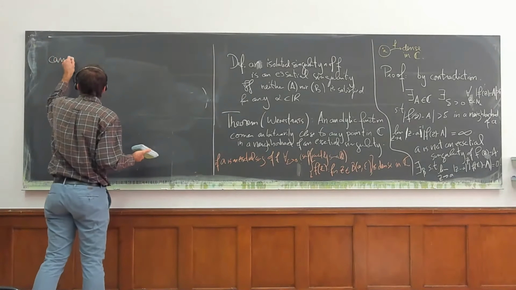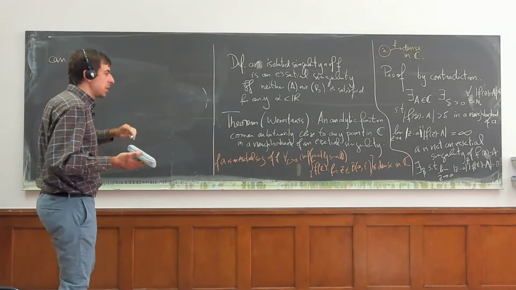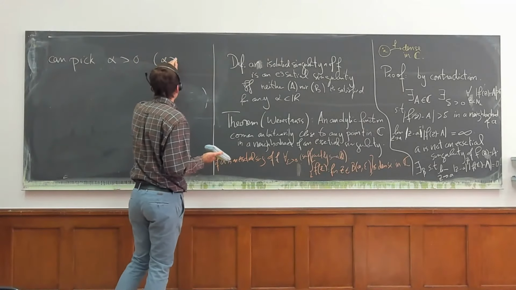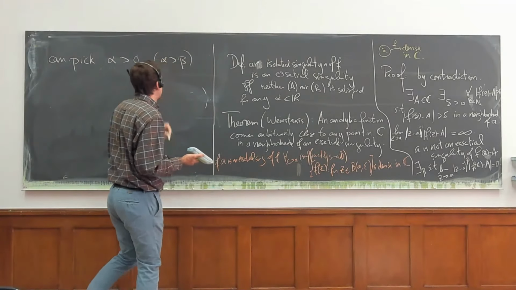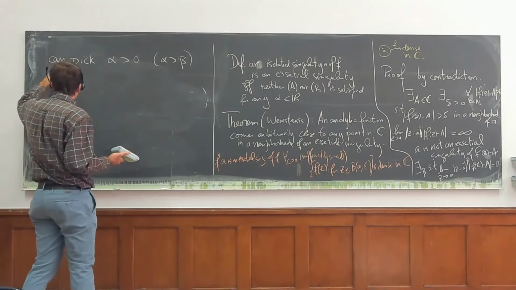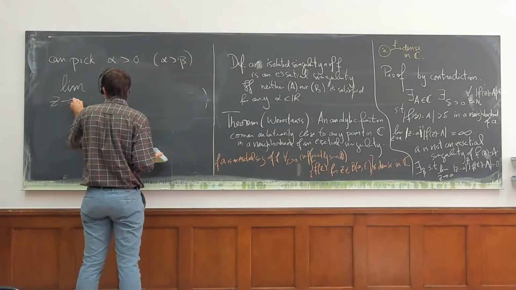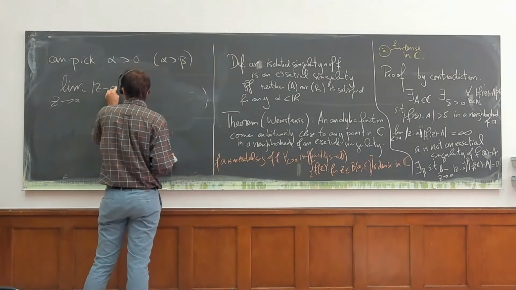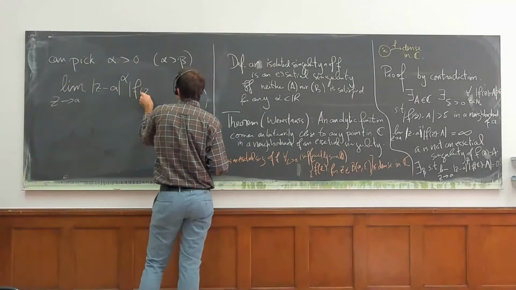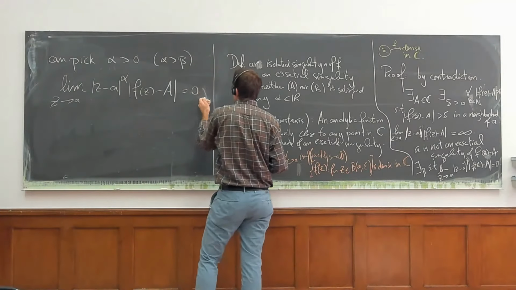So we can pick beta, or say alpha, bigger than 0, because all we need is that alpha is bigger than this beta. And then the limit as Z goes to A of (Z - A)^alpha times (f(Z) - A) needs to be 0.